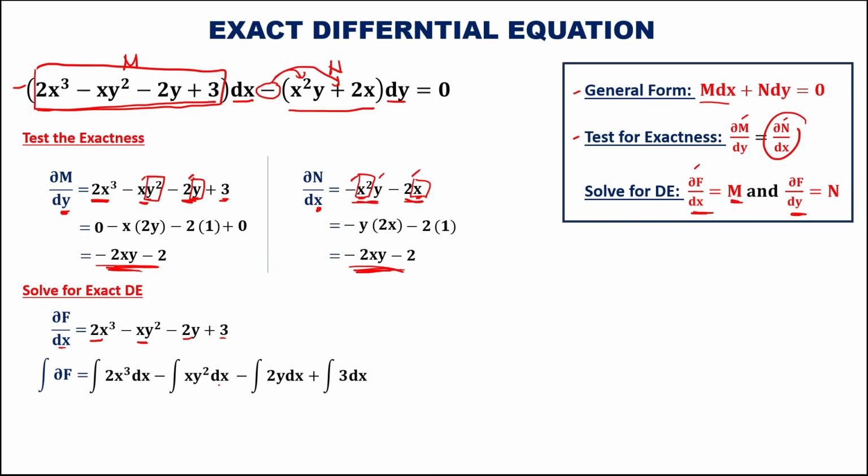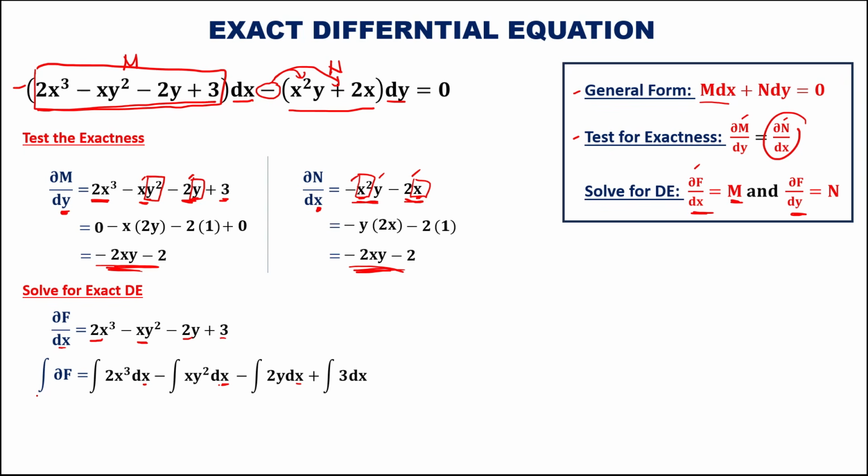Now since this one is dx, the variable is x. So to evaluate the integral, we need to put outside all the constants. Again, the variable is x, so y becomes a constant. So we need to put y outside, including the numbers.